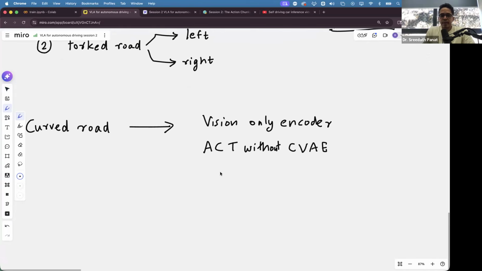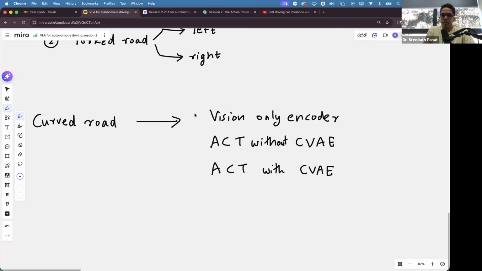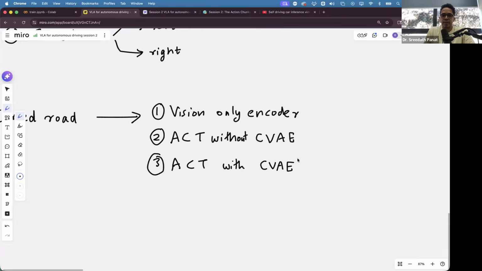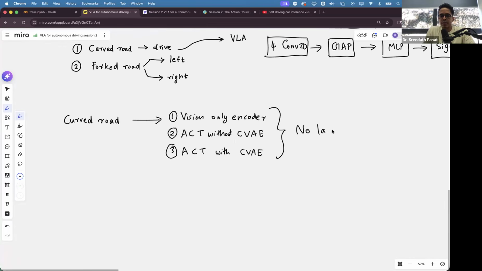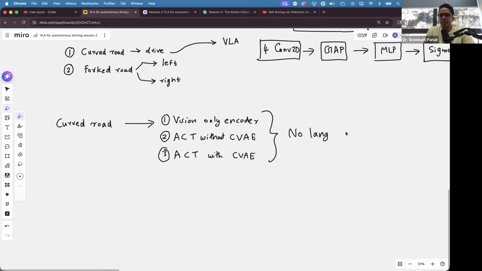We will implement ACT with conditional variational autoencoder. So these 3 experiments we can do in curved road. There is no language in any of these experiments, so these are not vision language action models. These are just vision action models.